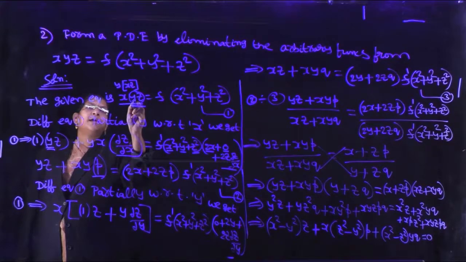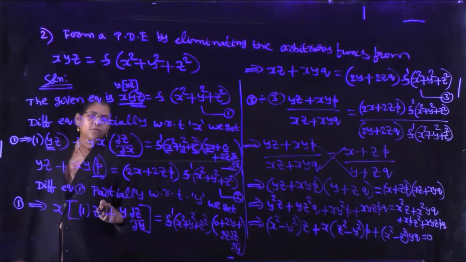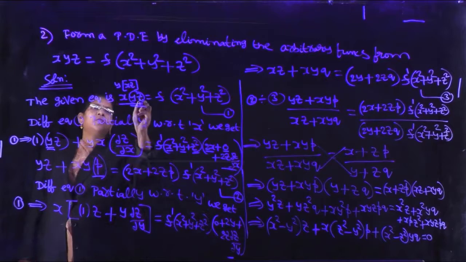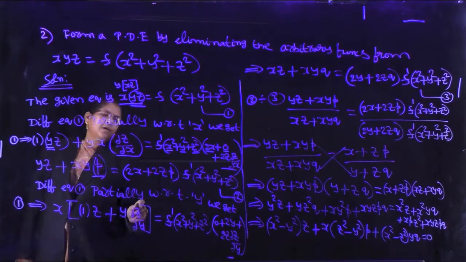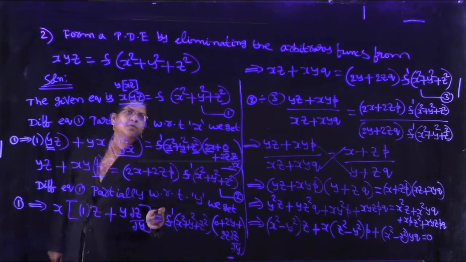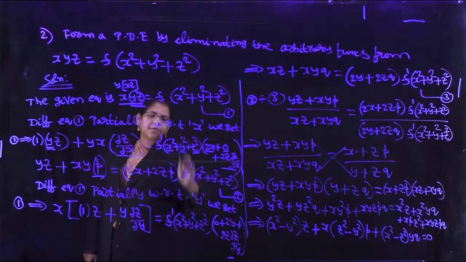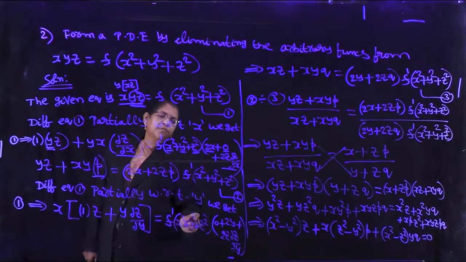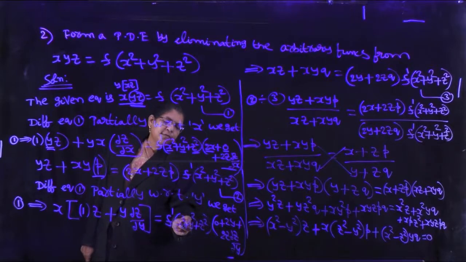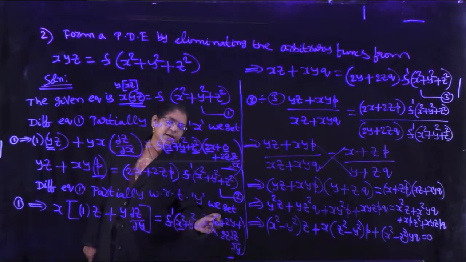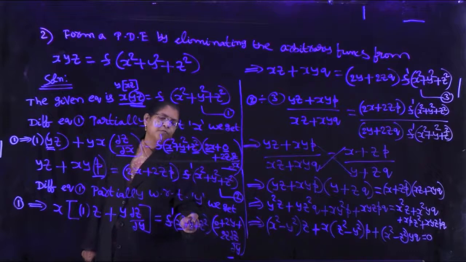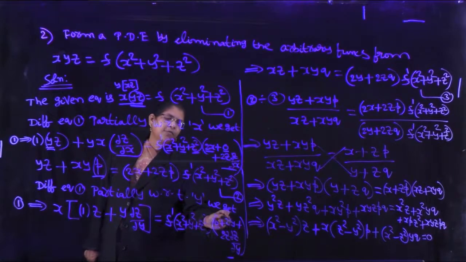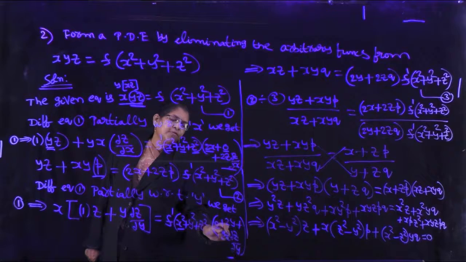The derivative for y is 1 into z, plus y into the derivative for z, ∂z/∂y, equals the derivative for f, f'(x² + y² + z²), into the derivative of the bracketed value. For x² it is a constant, so the derivative is 0. For y² the derivative is 2y, plus for z² the derivative is 2z ∂z/∂y.